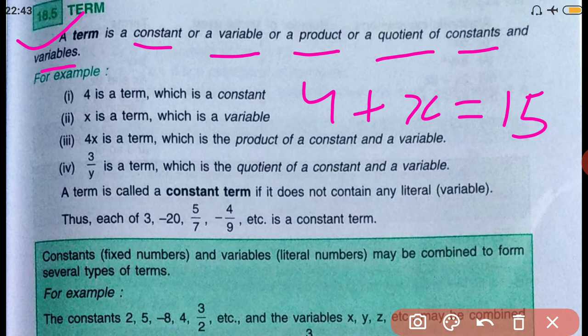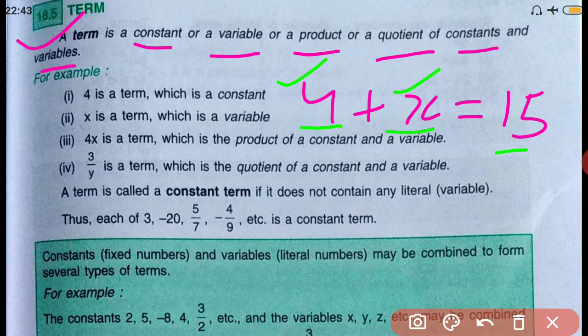So when we were writing algebraic format, we were using these particular numbers, alphabets, signs, etc. Now each of these numbers or alphabets are called terms. So 4 is a term.